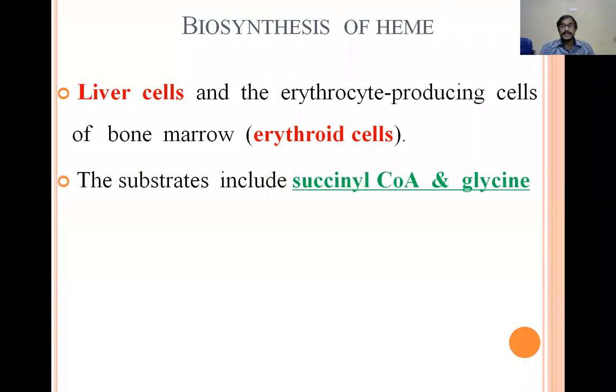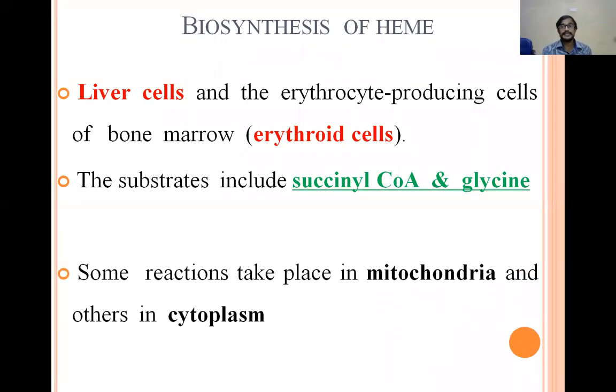And the substrates which are required for the synthesis of heme are succinyl-CoA and glycine. So substrates are the initial biochemical substances which are required for synthesis of a biochemical essential substance. Okay? So these are succinyl-CoA and glycine, the initial substrates for synthesis of heme.